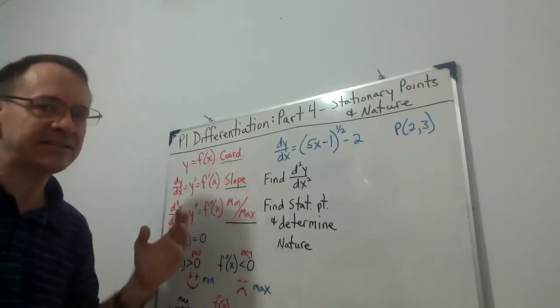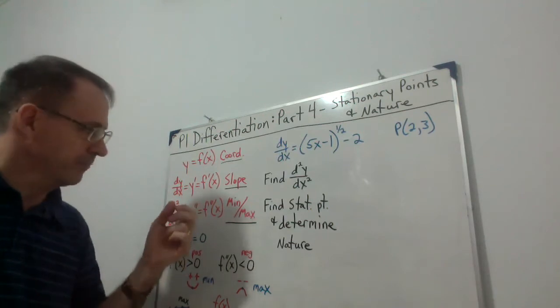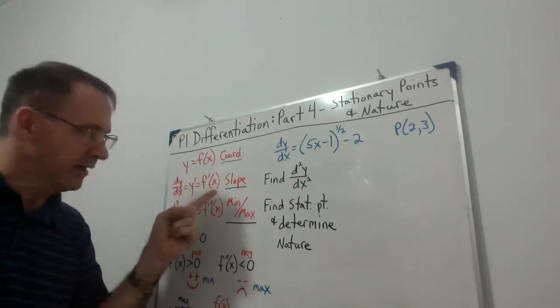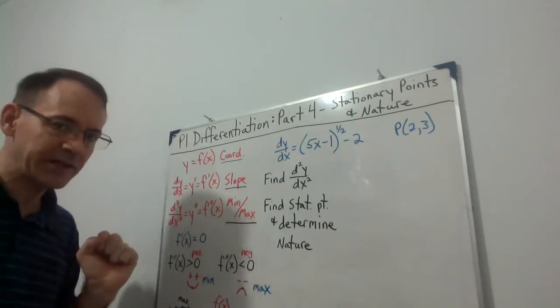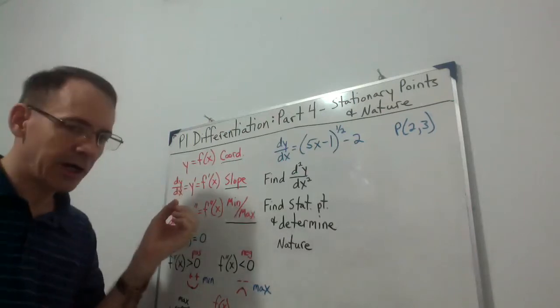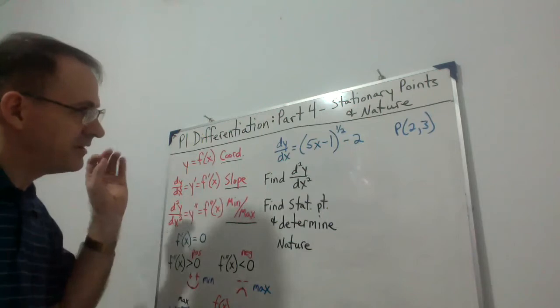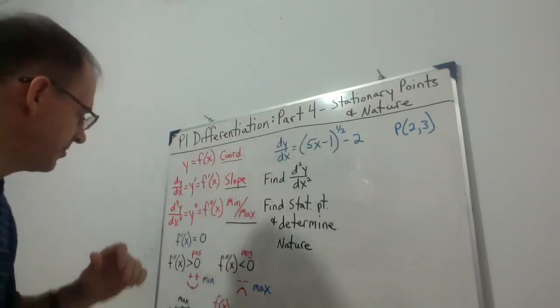And we've already seen two other applications. We saw the application to tangent and normal lines, where this provides the slope for those equations. We also saw increasing and decreasing functions. And now we're going to move into stationary points and nature.